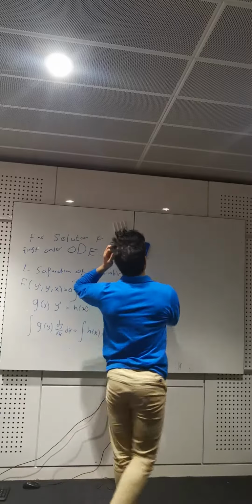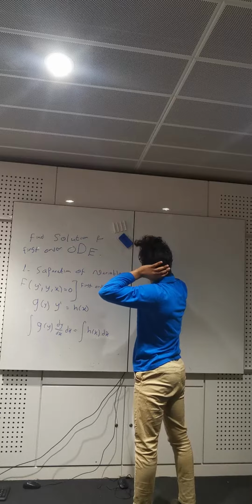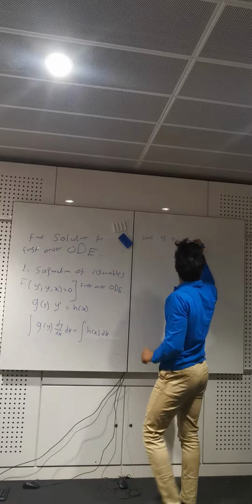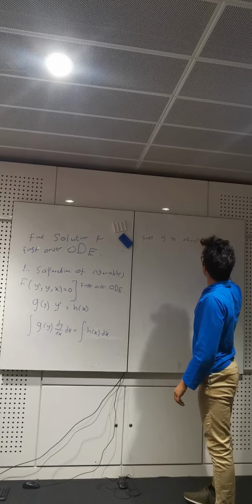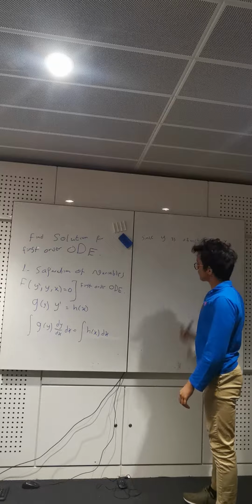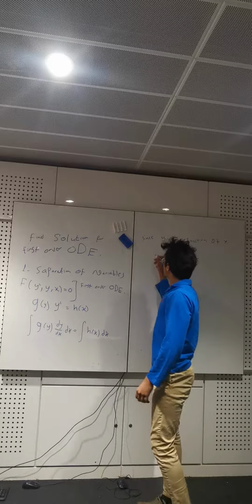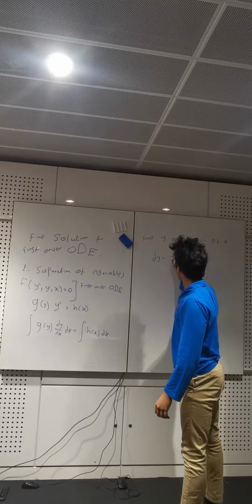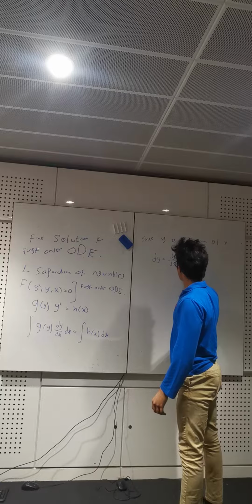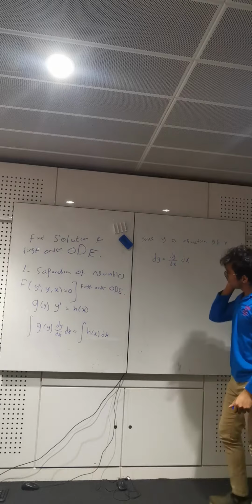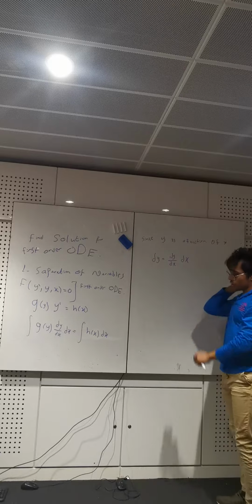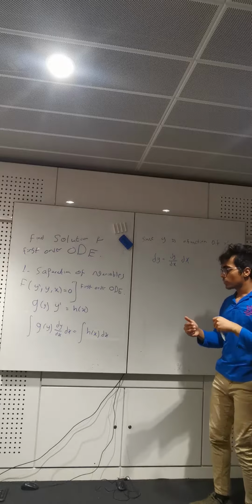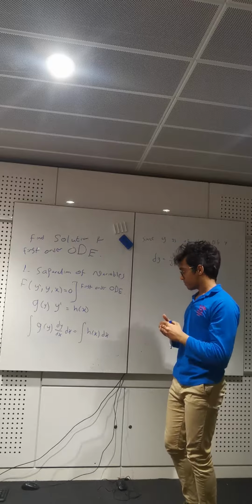Since y is a function of x, we can write dy as dy dx times dx. That's because y is a function of x, so a small change of y can be obtained as the derivative times delta x, or dx.